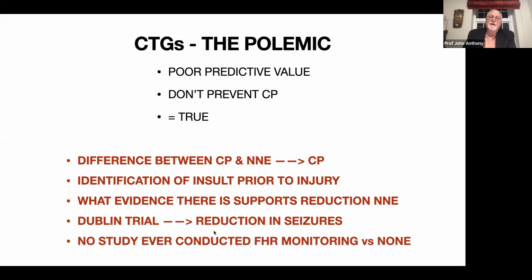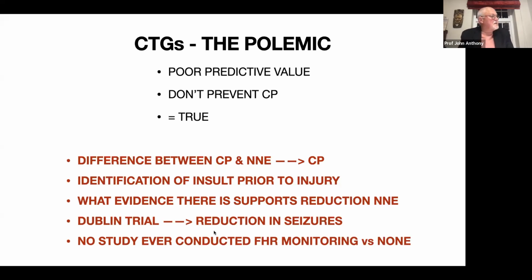But neonatal encephalopathy of early onset is a different matter altogether. It is the link, if you like, between intrapartum hypoxia and the possibility of cerebral palsy. But it's a more proximate link, and it's actually a more proximal marker of intrapartum hypoxia. And what evidence there is in terms of favoring CTGs demonstrates exactly that they do reduce the risk of neonatal encephalopathy of early onset.